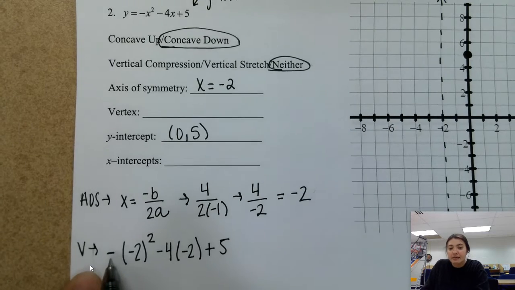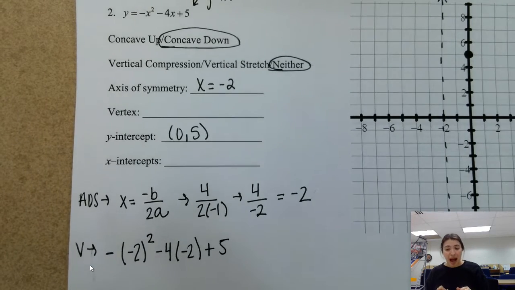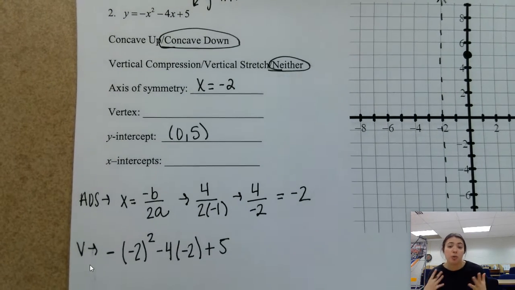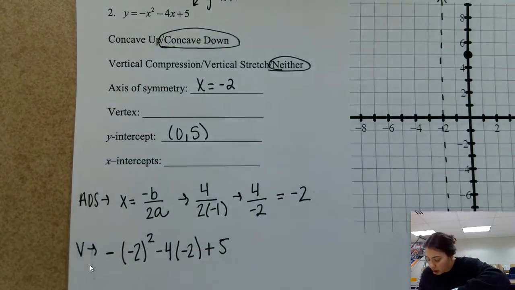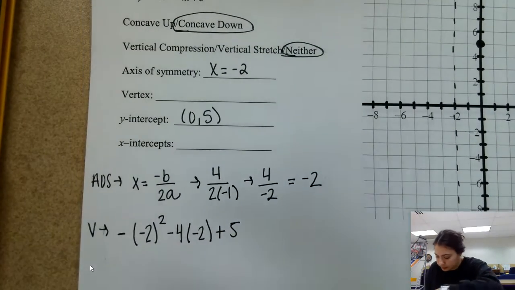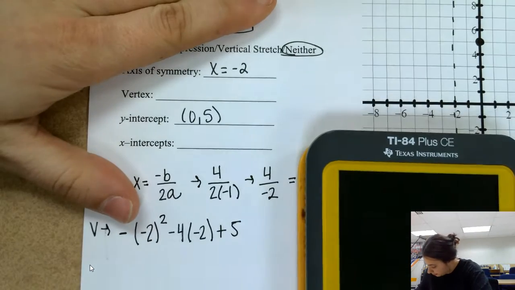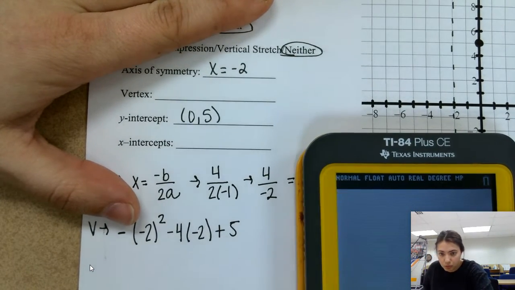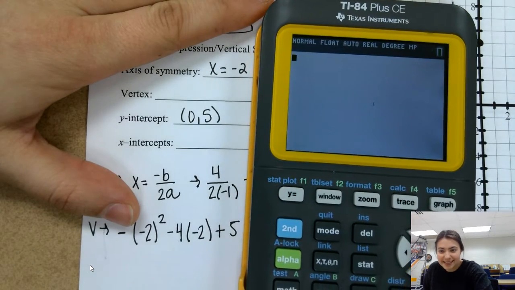However, this negative 1 then multiplies to that value. So we still are possibly going to be dealing with some type of negative number. We just have to wait and find out how this adds up. So let's take a look in our calculator. Let me move that up so you guys can see.